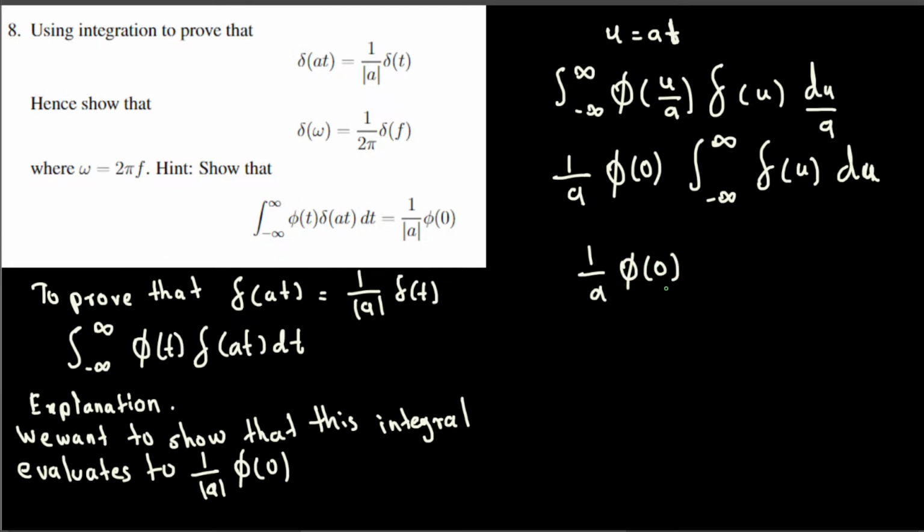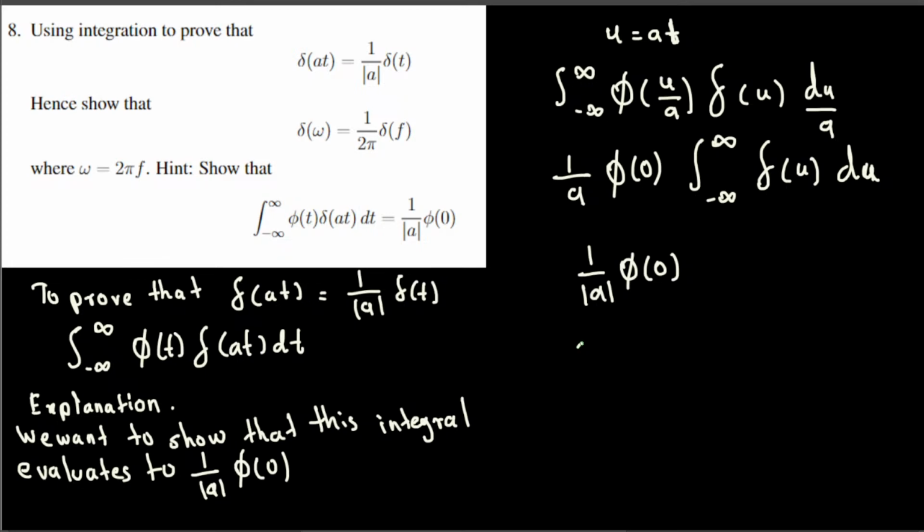So we proved that this integration is equal to this by doing the u substitution. If we prove that, then it automatically proves that delta of at is equal to 1 over absolute value of a, delta of t. Okay, we can also write this with the absolute value, it doesn't change anything.